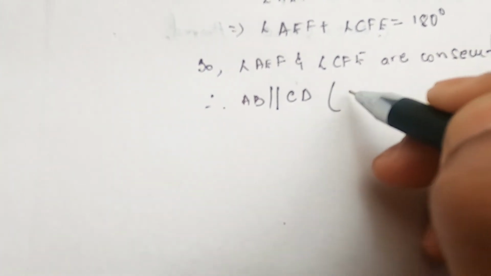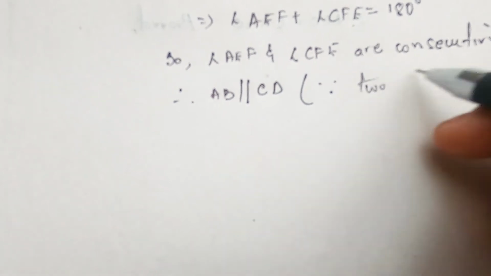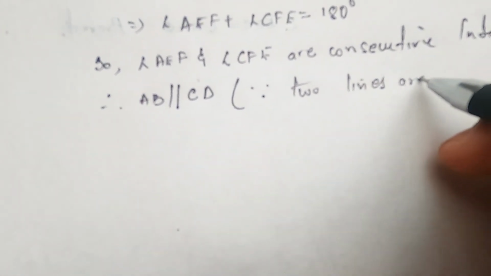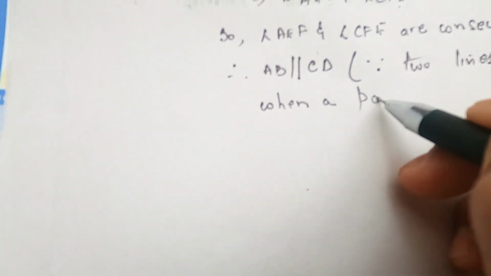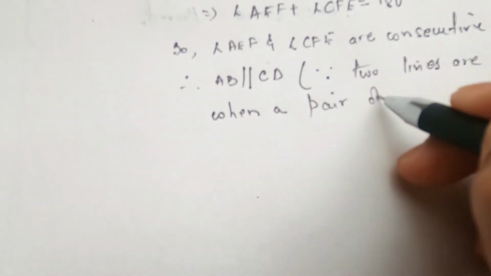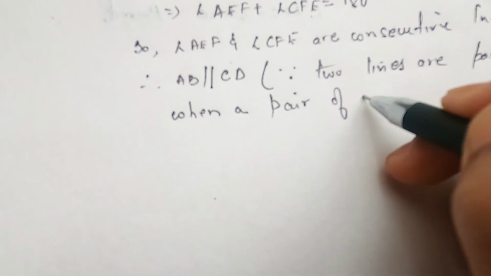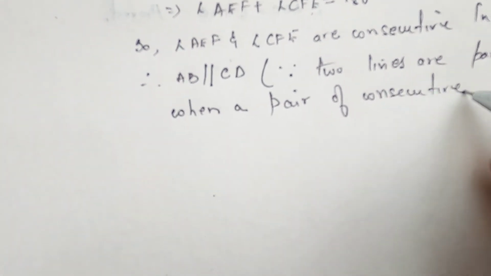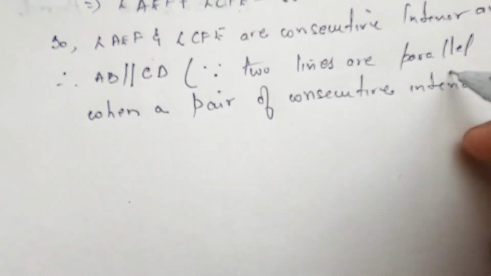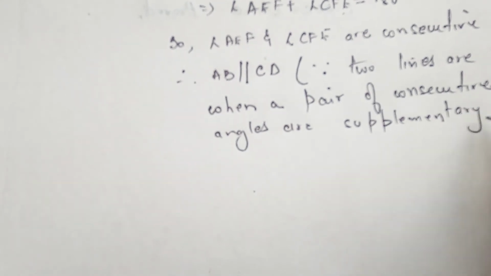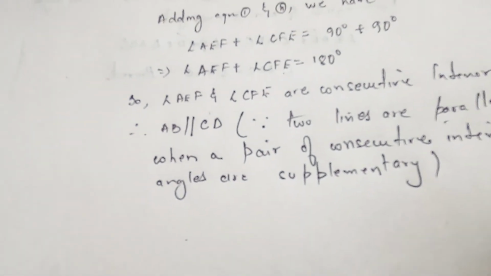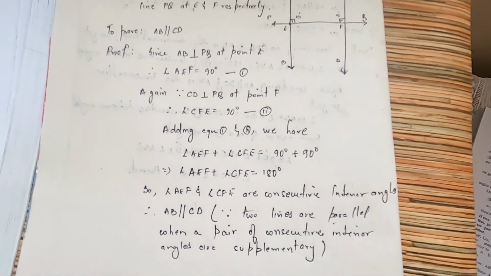All right, so reason: since two lines are parallel when a pair of consecutive interior angles are supplementary, that is, supplementary simply means two angles, their measurement will be equal to 180. So this will be your answer.